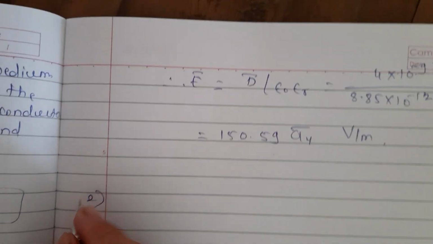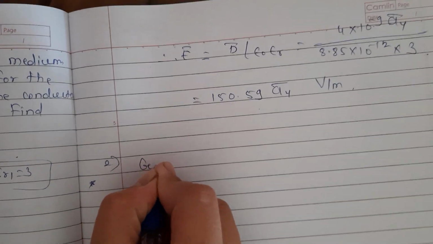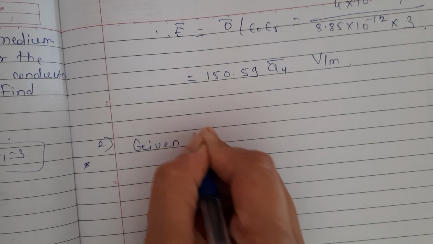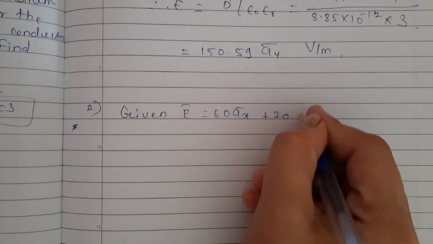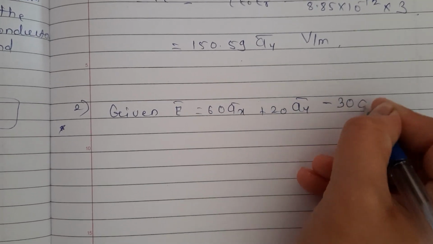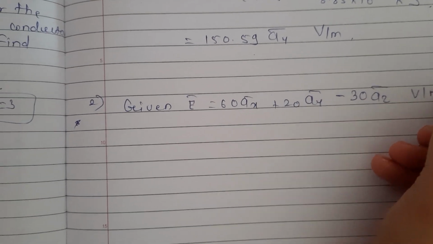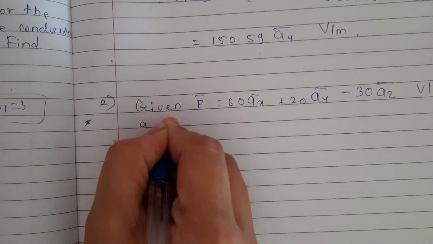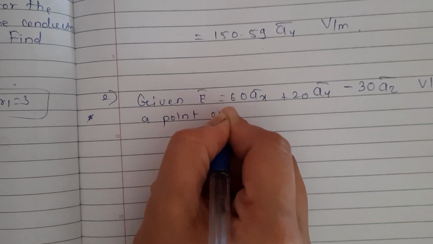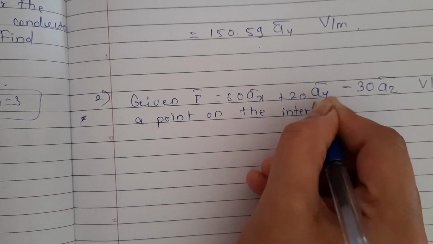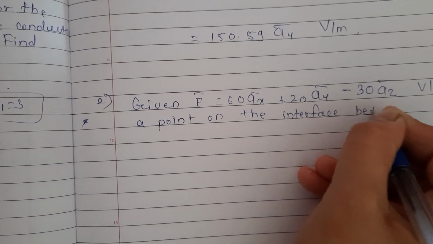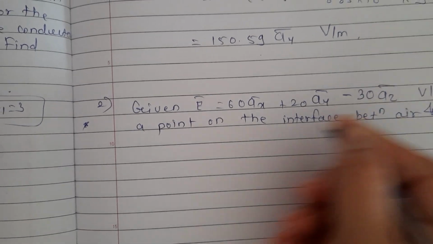Now the next problem asked in a university exam for 6 marks. Given E bar is equal to 60 ax bar plus 20 ay bar minus 30 az bar volt per meter at a point on the interface between air and conducting surface.